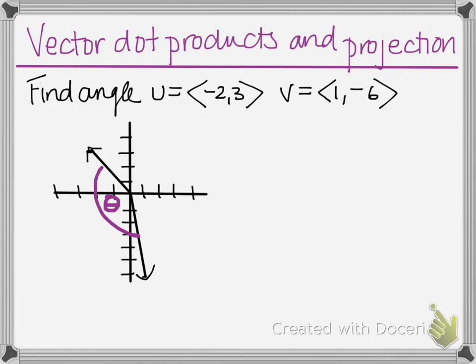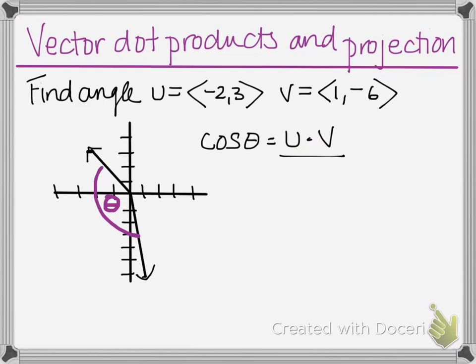Well, a vector application is going to allow us to find this with a formula. And the formula that I've got is that cosine of theta is equal to u dot v, and you just heard me say dot, right? So this notation here, that's dot, D-O-T, as in the title of the lesson, vector dot products.